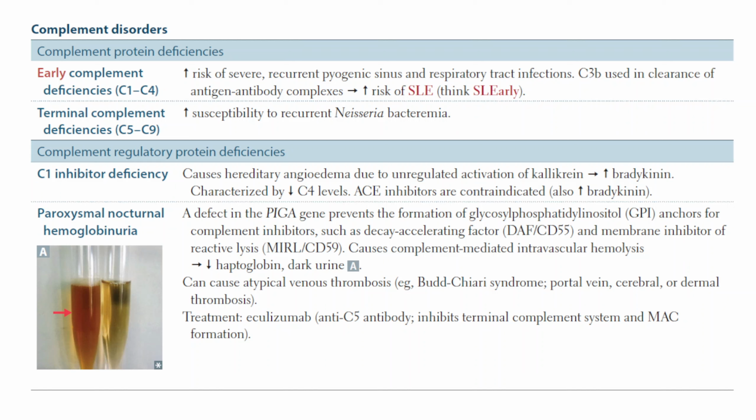membrane attack complex. So now we go into the complement regulatory protein deficiencies. We have the C1 inhibitor deficiency. I have seen this in a lot of questions, so it's very high yield. C1 inhibitor deficiency can cause hereditary angioedema due to unregulated activation of kallikrein.